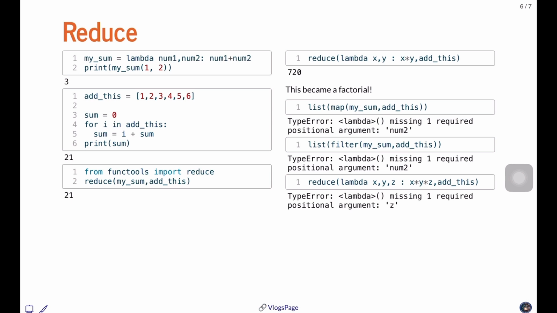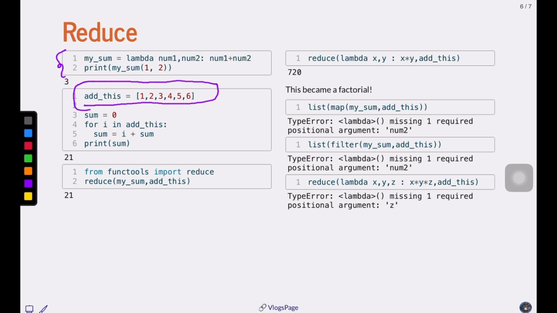So coming to the reduce function, say for example we have two numbers, and when we want to add two numbers, we write the function in lambda or else in a regular function this way. Say we want to add all these numbers, and this may change. Say this list is 1 2 3 4 5 6.